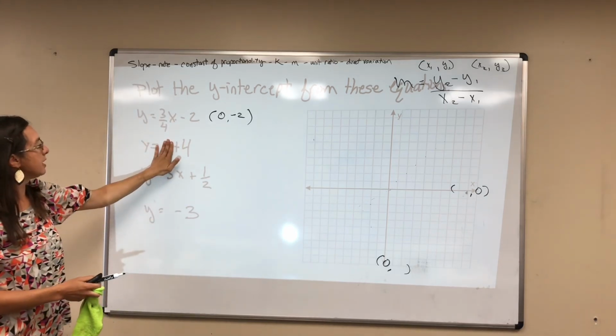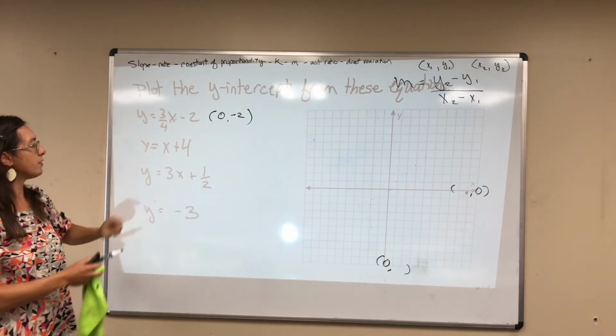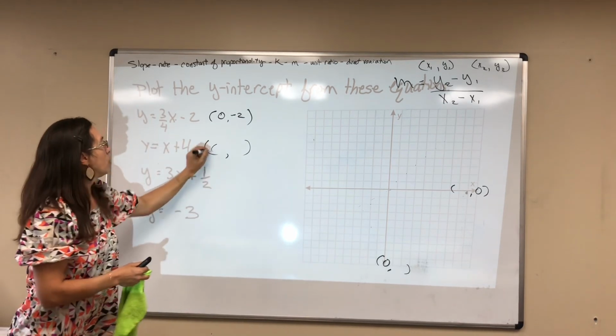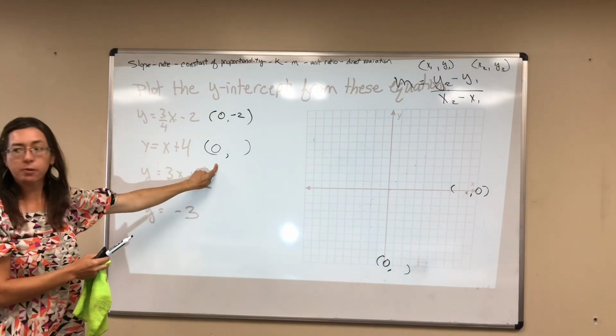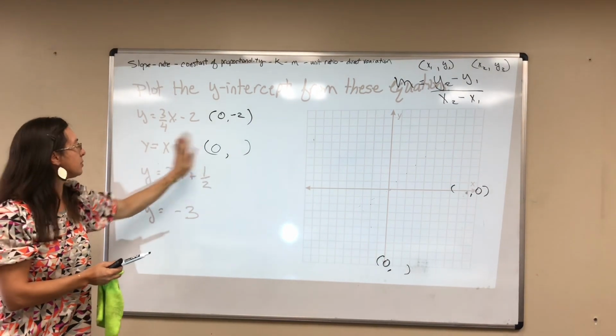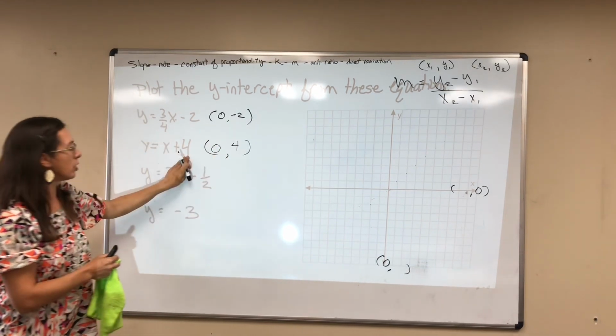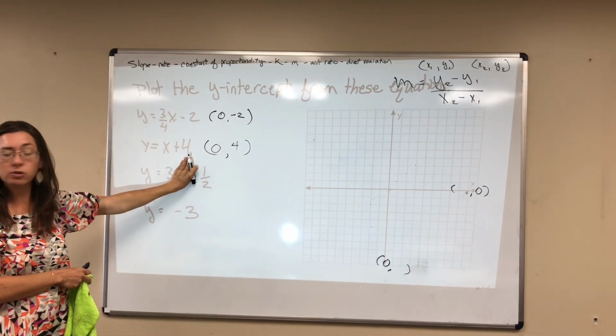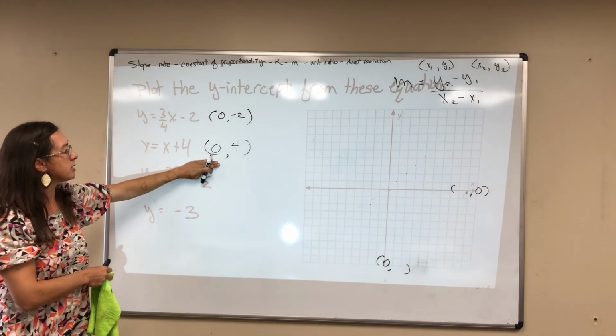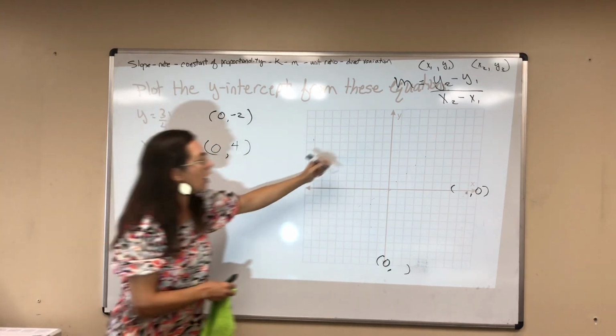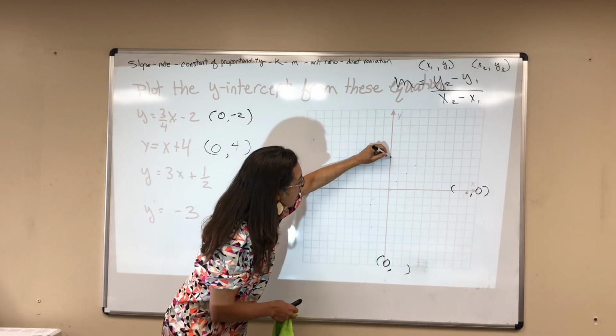When x equals 0, I'm going to automatically write my coordinates. When x equals 0, y equals 4. I also know that 4 is my b value. Here's my coordinates, so I'm going to go up 4, 1, 2, 3, 4.